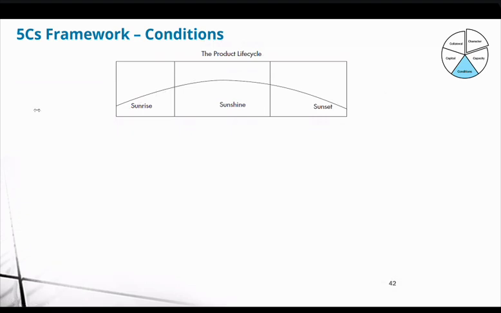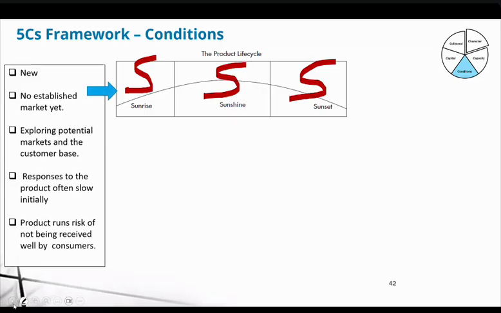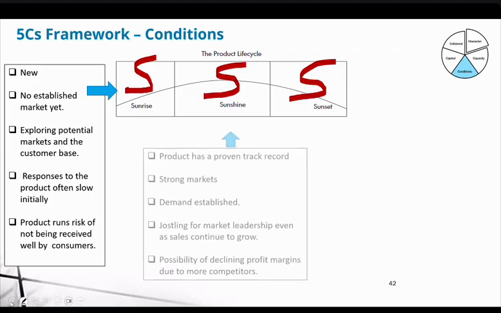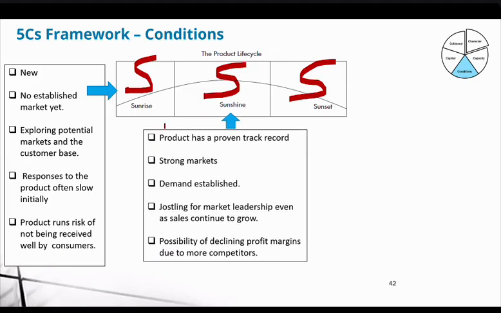And in the product life cycle, you write down 3 S's. Sunrise is new, with no established market yet, exploring potential markets, and responses to the product are often slow initially. And here for Sunshine, there is a proven track record, strong markets, and established demand.